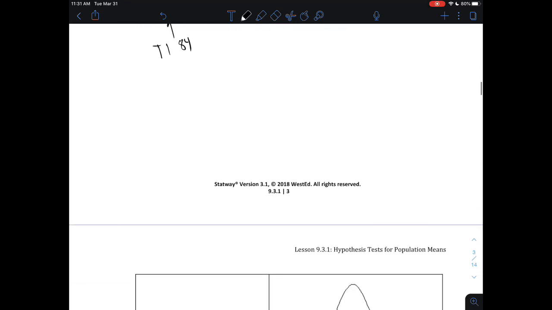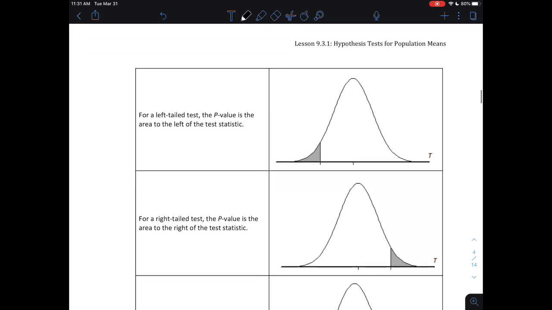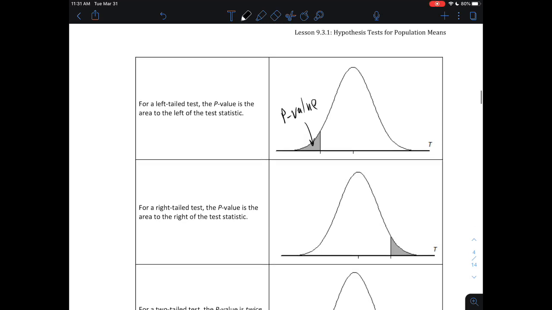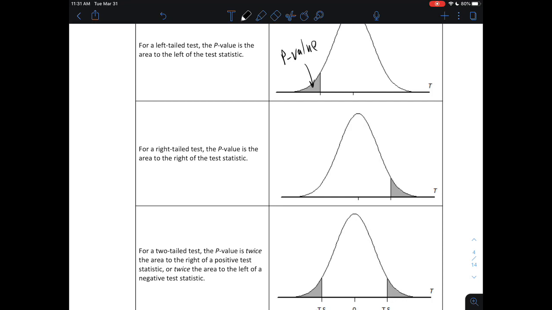So first, just a little bit of a review of these p-values. Remember, for a left-tailed test, the p-value is the area to the left of the test statistic. So that is the p-value here. For a right-tailed test, like the one that we are conducting right now, the p-value is the area to the right of the test statistic.